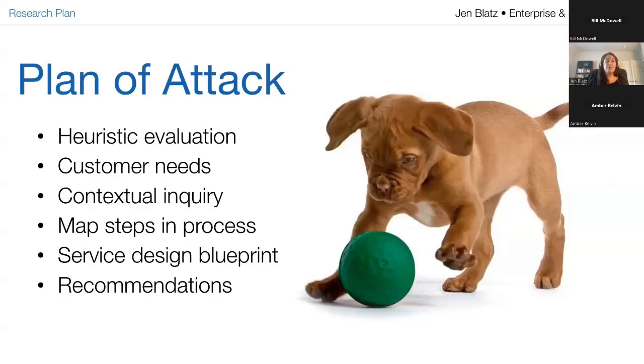So I want to revisit my plan of attack, or my research plan, and talk about how the different research efforts I conducted helped the team come to a decision. So I created a heuristic evaluation. Again, looked at the report to see what design and usability problems the report has. I uncovered customer needs through one-on-one interviews. I conducted a contextual inquiry with Bro Sales by observing him building a report and asking him questions.